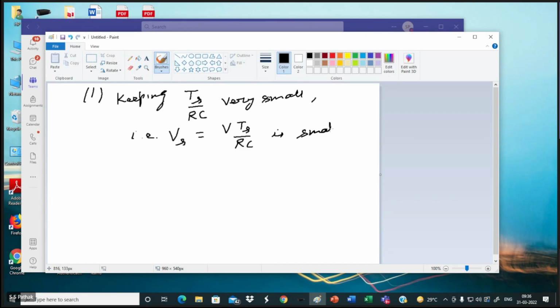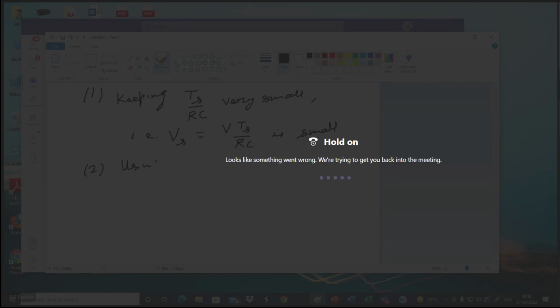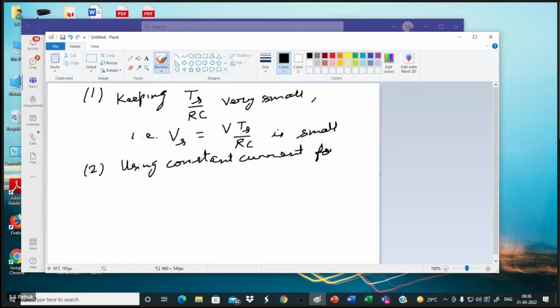This is the first method. Second method is using a constant current for charging the capacitor.